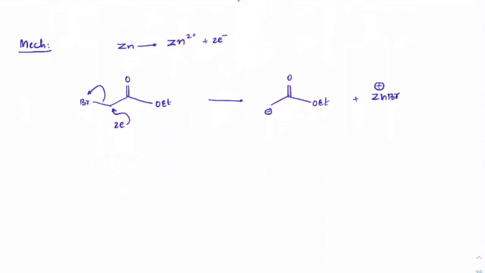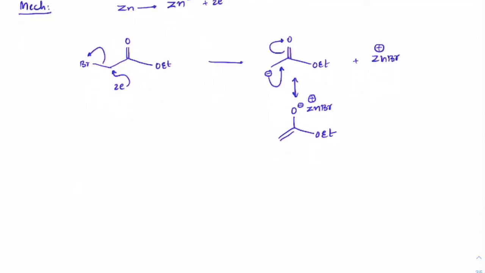Now this carbanion will become an enolate. It will exist in the form of an enolate as O minus, and near the O minus, Zn can be present here, and this is what happens. In books you would see this directly given. So basically the enolate form is being formed here.